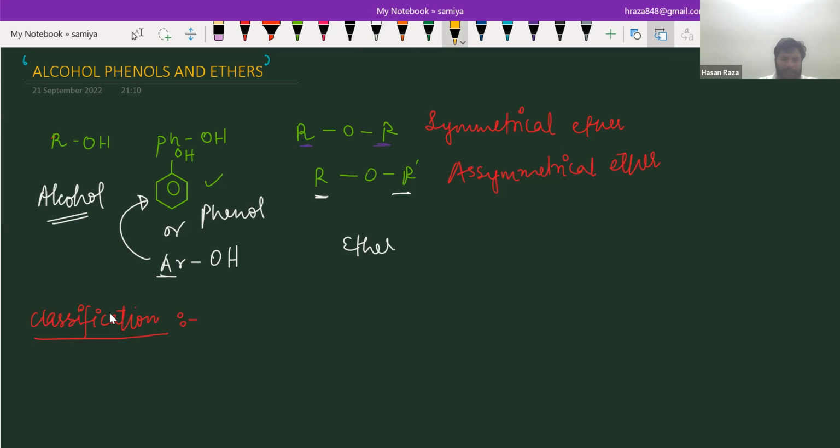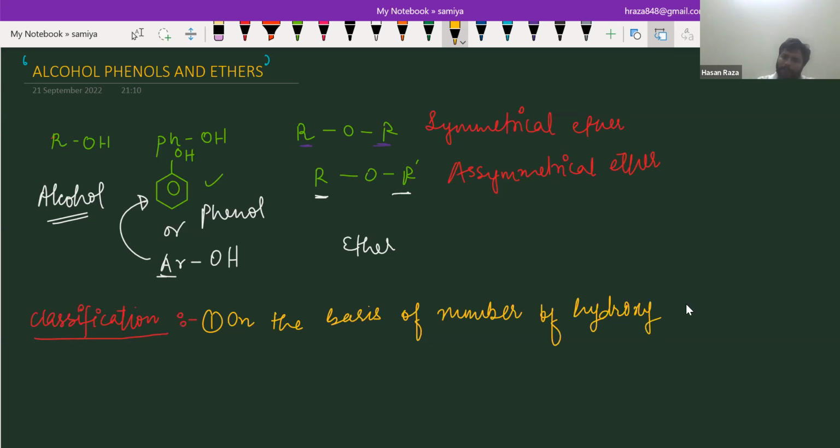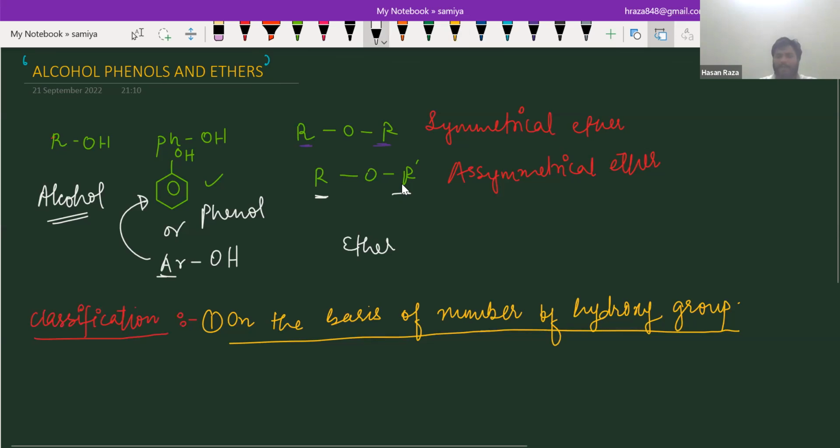First, classification is on the basis of number of hydroxy groups. Now you can see how many OH groups are there.